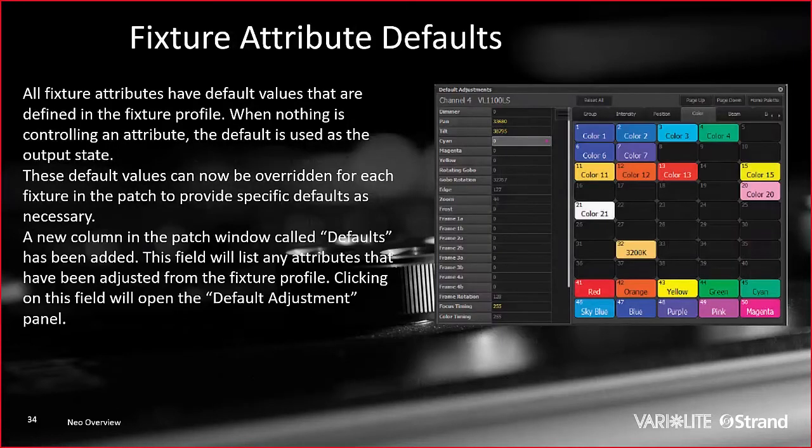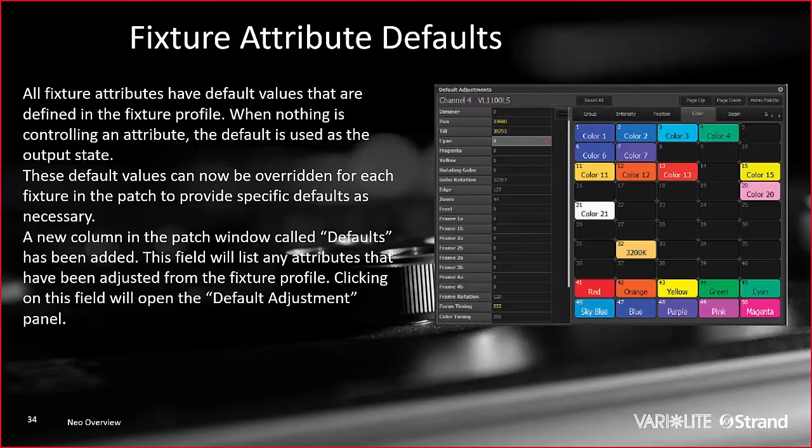Another great feature that Neo has is the ability to set fixture attribute defaults. Where I like to utilize this is in a typical school installation, one will often have many LED fixtures. Some of ours have, in fact, all of ours now have more than 3 colors.